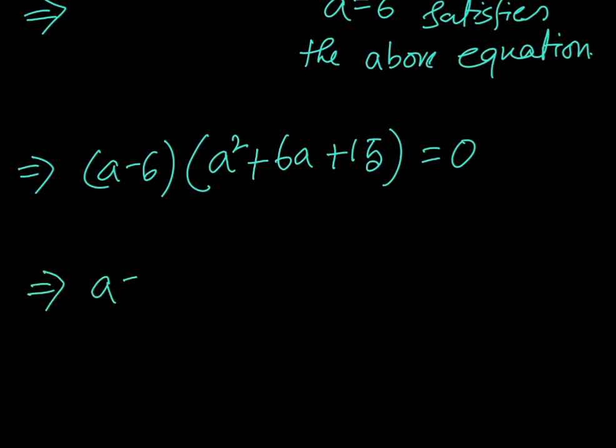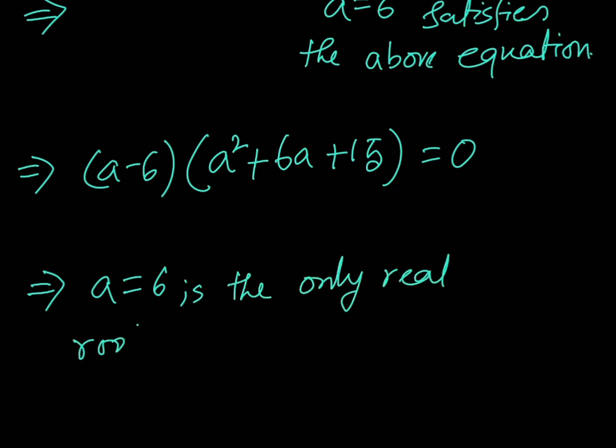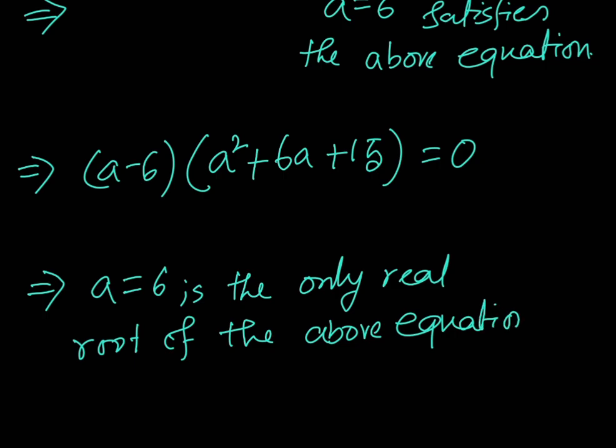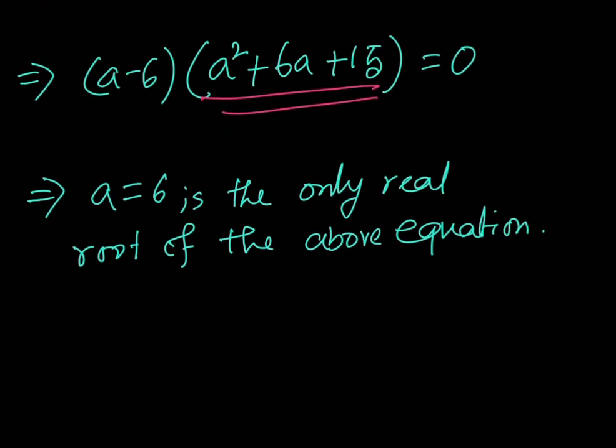So this implies a equal to 6 is the only real root of the above equation, because for this quadratic the discriminant D equals 6 square minus 4 times 1 times 15, which is negative.